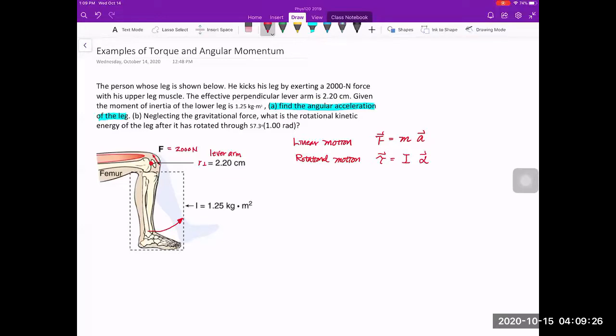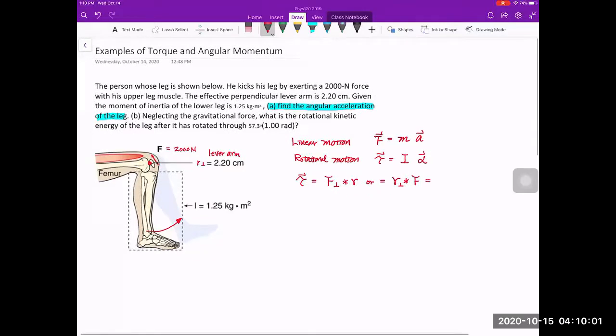So what we were given is a force, but from the definition, the torque is equal to the perpendicular force times r, which is the distance. Or it can also be equal to r perpendicular multiplied with the force.